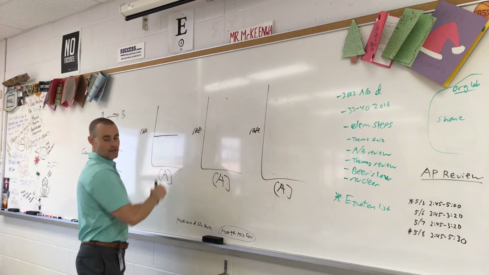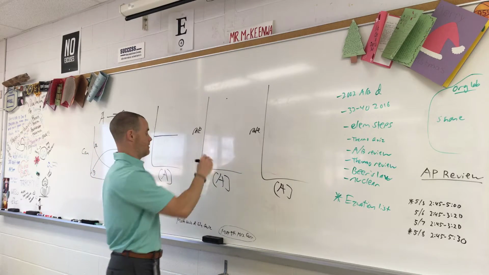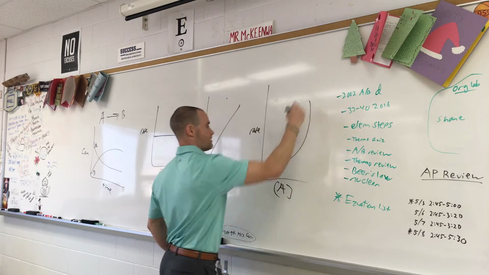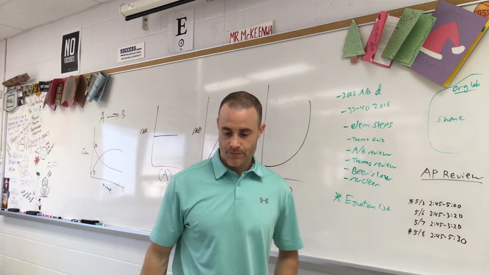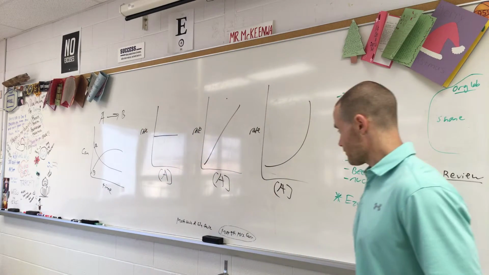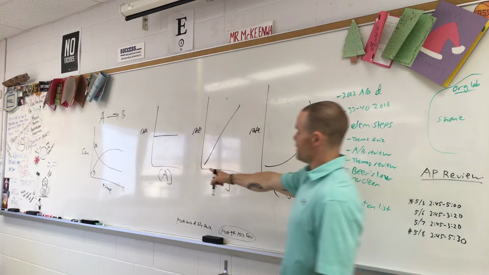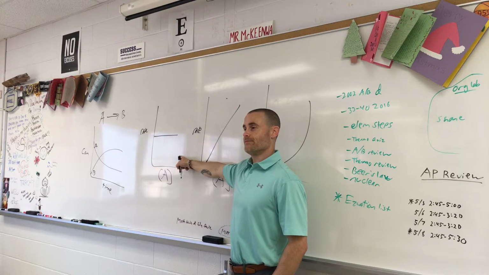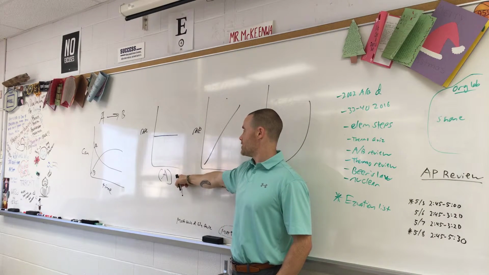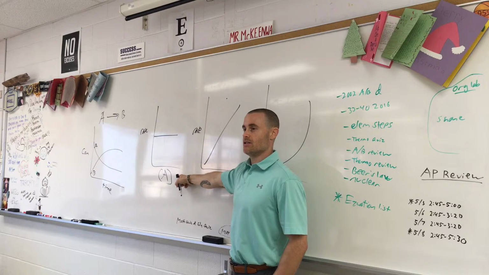We have this, this, and this. What does this show? As the concentration of A changes, what happens to the rate of this reaction?